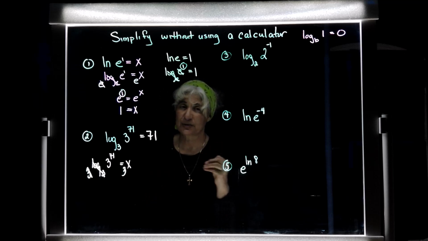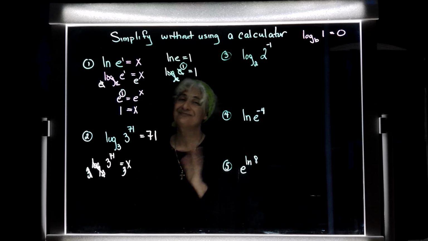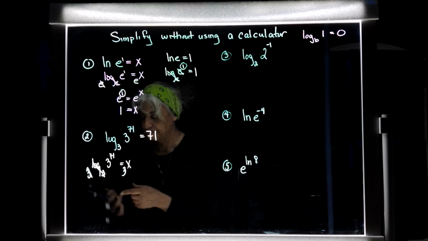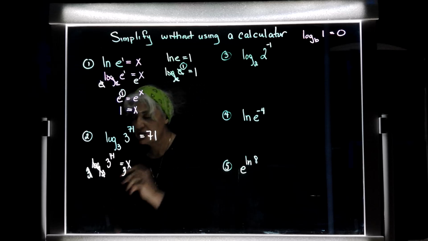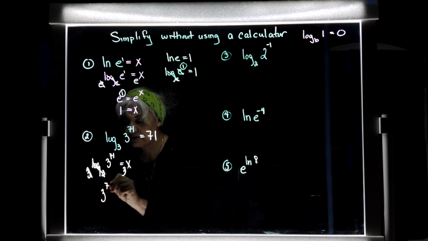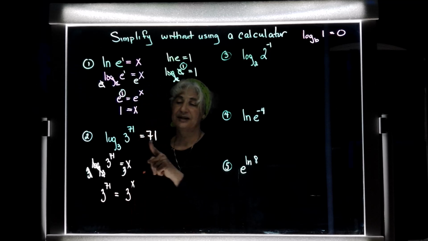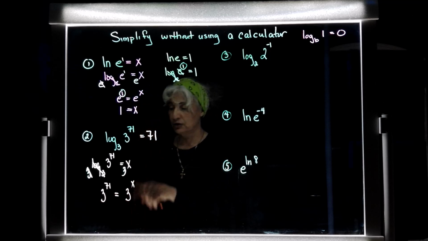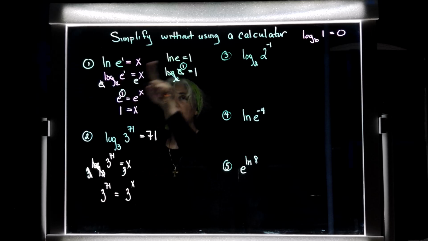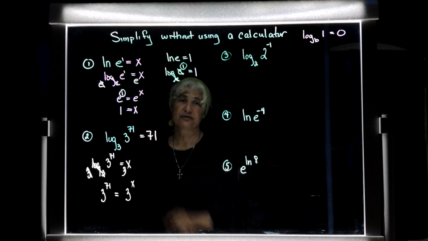It's easier to handle the exponentials without a calculator. Logs, yeah, you kind of need a calculator. Okay, so that leaves me 3 to the power of 71 on the left, and on the right, 3 to the power of x. x equals 71. The long way proved what we just established here.